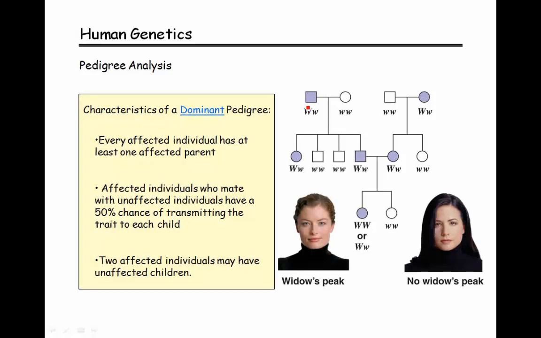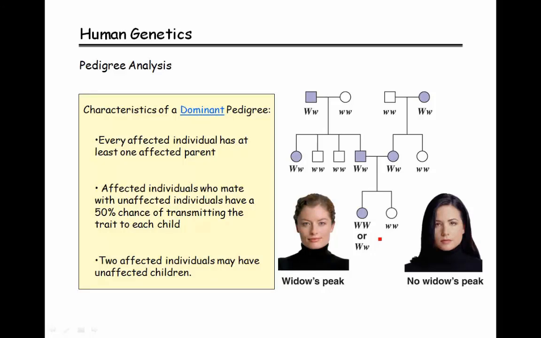Another characteristic that we can see when we're looking at a dominant pedigree is that it's possible for 2 parents to both be colored in, and now suddenly there is a child that is not colored in. That is very similar to our example where we had the 2 purple flowers that were occasionally producing some white offspring.